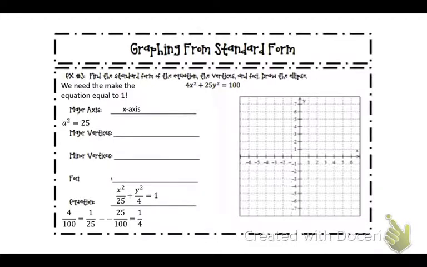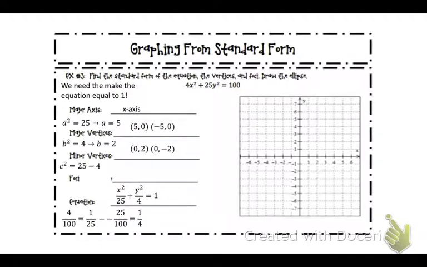Now my a squared equals 25, which means a equals 5. So my major vertices are (5, 0) and (-5, 0). And that was x because it was the major axis. Okay, my minor vertices are b squared equals 4, so b equals 2. So that's going to be (0, 2) and (0, -2).